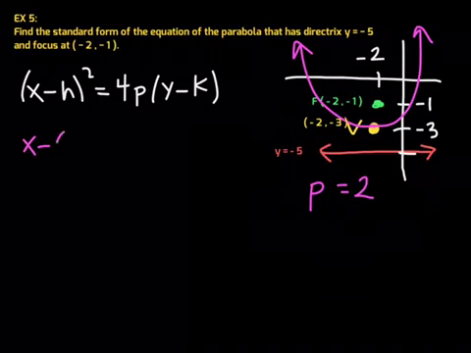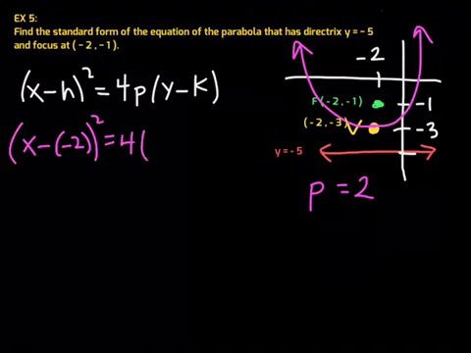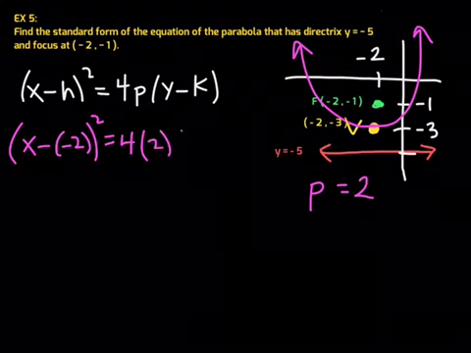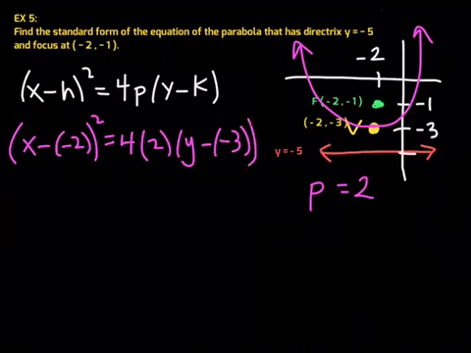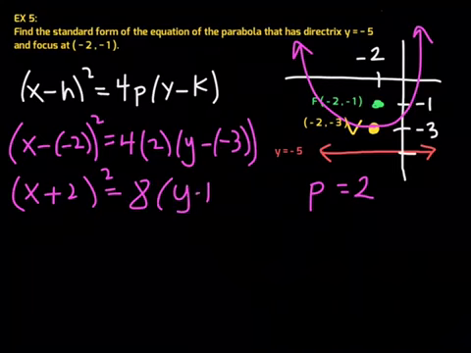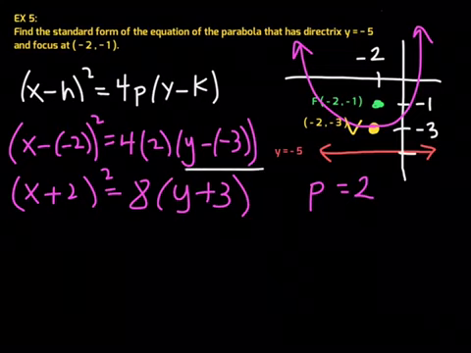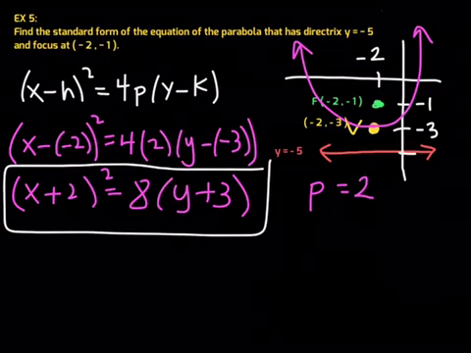So it's (x minus -2) squared is equal to 4 times p, which we figured out to be 2, times (y minus -3). So (x + 2) squared is equal to 8 times (y + 3). This must be the standard form for the parabola that they were describing.